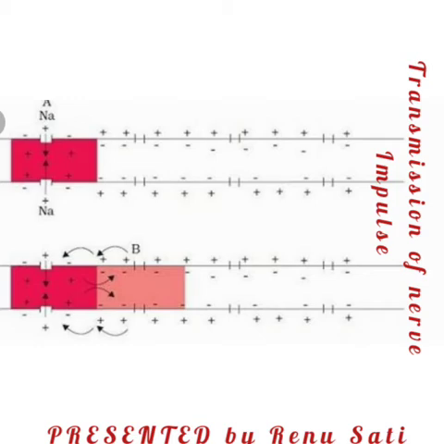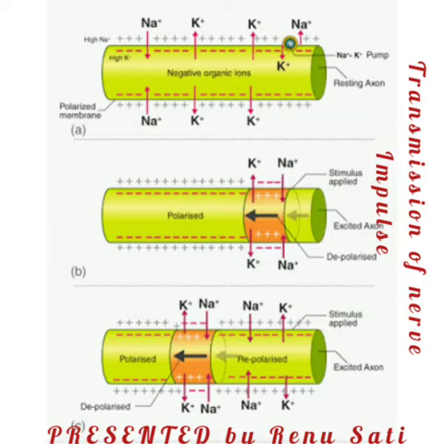That is, the outer surface of the membrane becomes negatively charged and the inner side becomes positively charged. The polarity of the membrane at site A is thus reversed, and hence depolarized. The electrical potential difference across the plasma membrane at site A is called the action potential, which is in fact termed a nerve impulse.